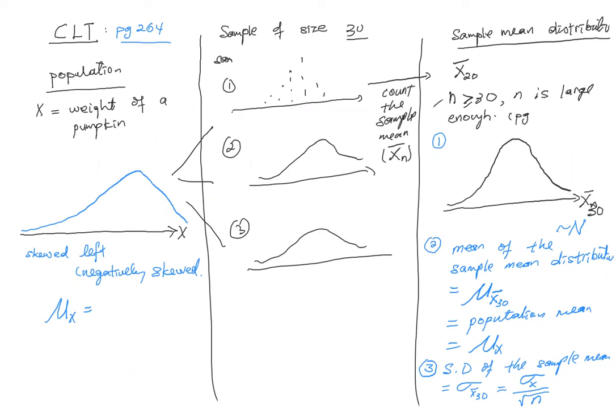In real life, it's impossible for us to get all the possible samples. That's why this theorem came out. A theorem is for us to use, for us to follow. They have come to a conclusion that it works like that.